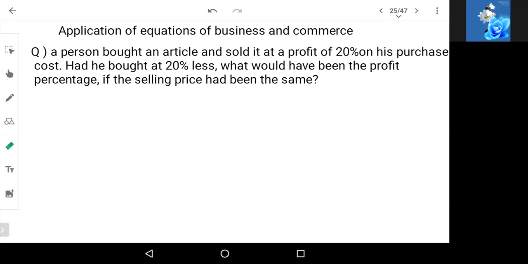Okay, any doubts? Reply fast so that I can continue with the answer. I only see one answer. Okay, no doubt. Good. So let us start then.